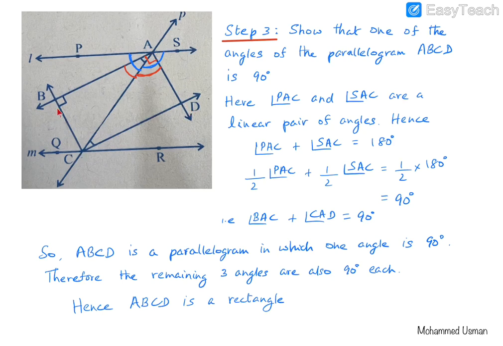In the second step, we proved that the line BC and AD are parallel to each other. And then in the third step, we have shown that one of the angles is 90 degrees. And if one of the angles in a parallelogram is 90 degrees, then that parallelogram is a rectangle. Hence, we have proved that the quadrilateral ABCD is indeed a rectangle.